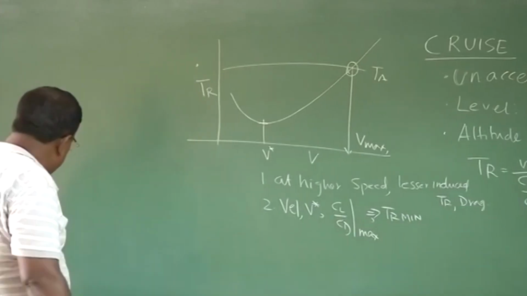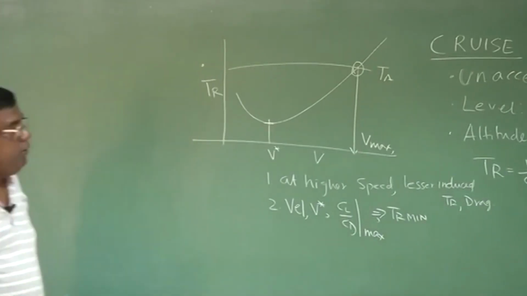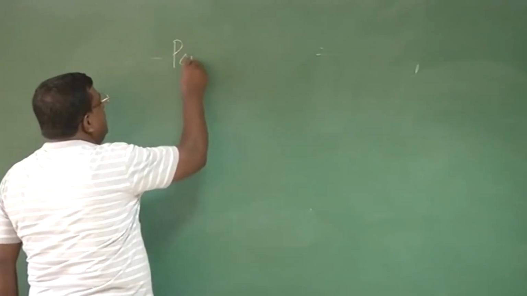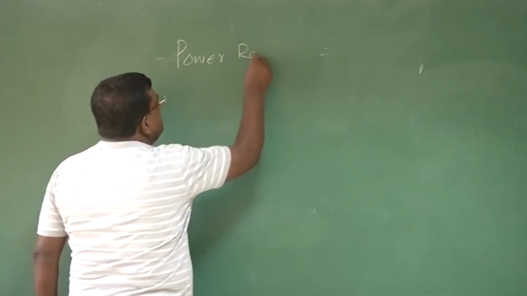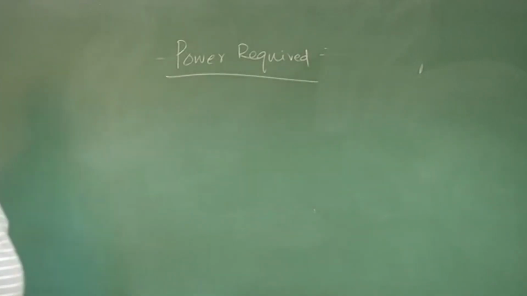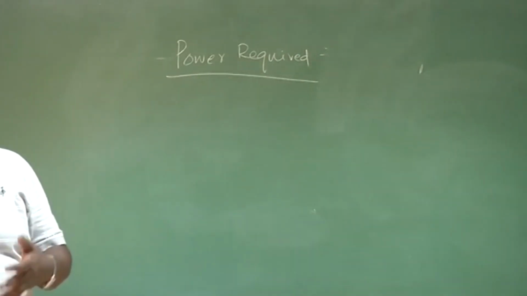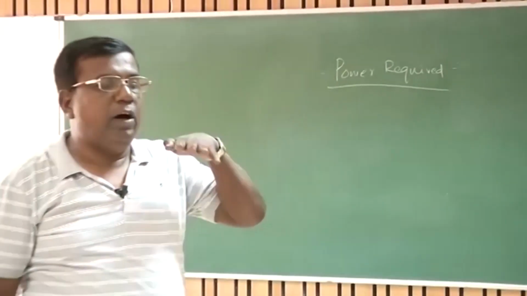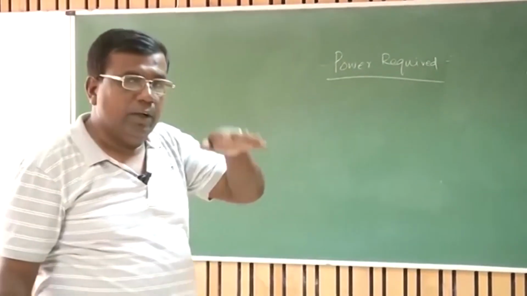After that we went for power required. It was straightforward for us because this is the power required at a cruise. That means power required at a constant velocity.